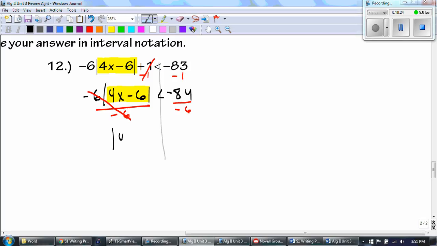So I have the absolute value of 4x minus 6. I divided by a negative, so I have to flip the sign. And then -84 divided by -6 is a +14.